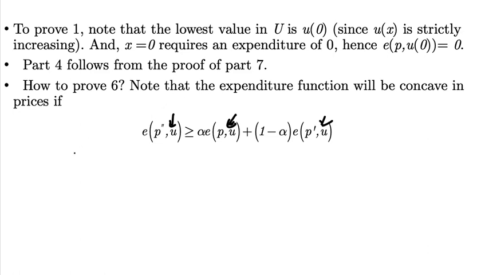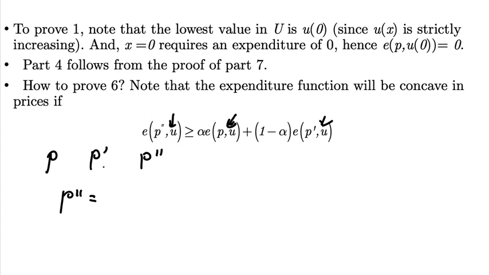We have three different prices in this condition. We have P, we have P prime, and we have P double prime. P double prime is a linear combination of P and P prime with a given weight, alpha.